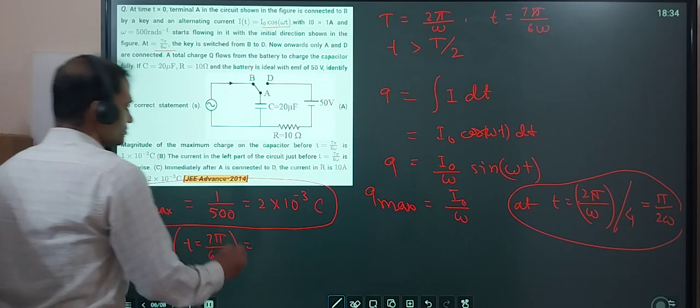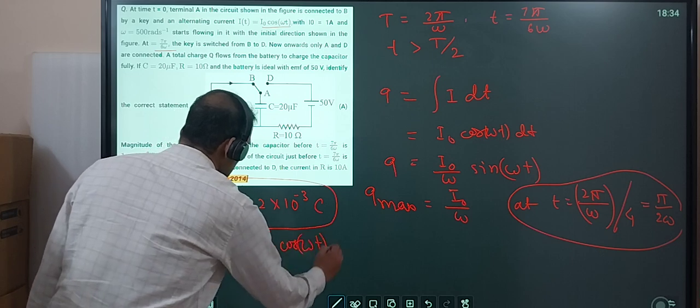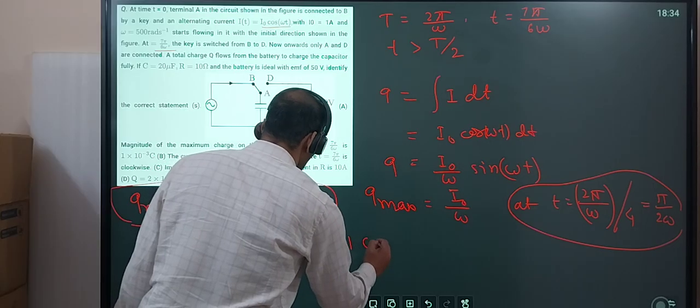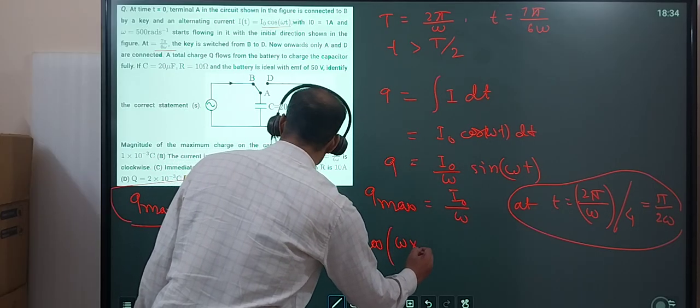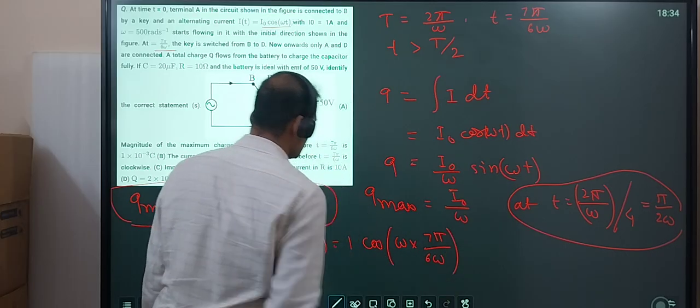Okay, so I naught cos omega t, I naught is 1 ampere, and omega t is 7 pi by 6 omega.